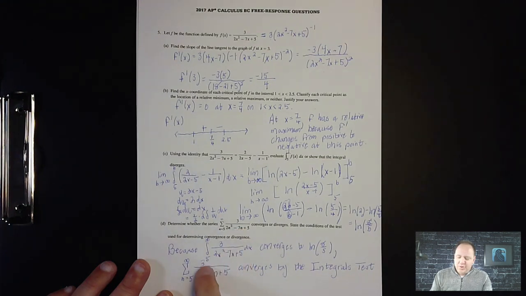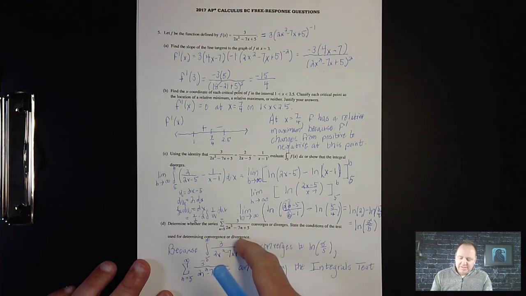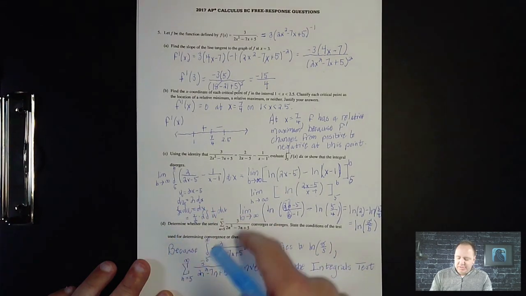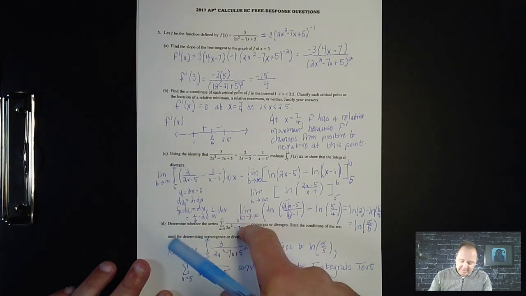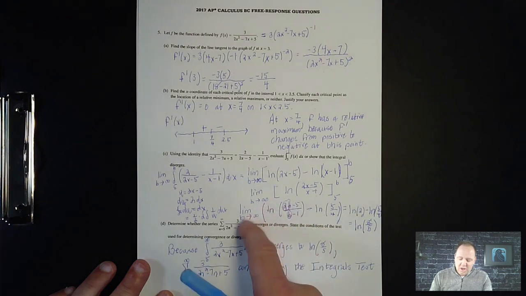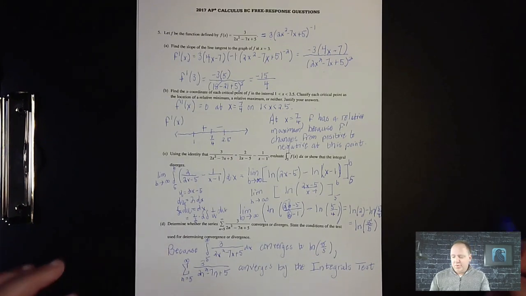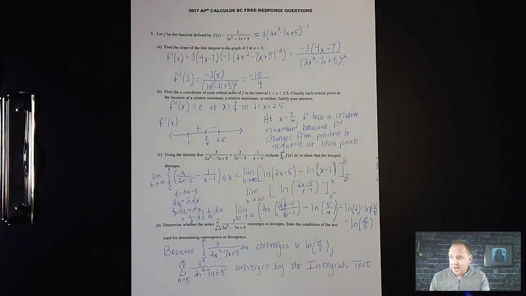So you would then have to go to a limit comparison test to show that because the comparable 1 over n squared from 5 to infinity converged, and you would have shown the limit as n approaches infinity of that ratio of the comparable to this equal to a constant, you would then be able to say that this one had to converge by the limit comparison test. What a waste of time that would be, but if you have the time and that's all you know how to do, then do it that way.